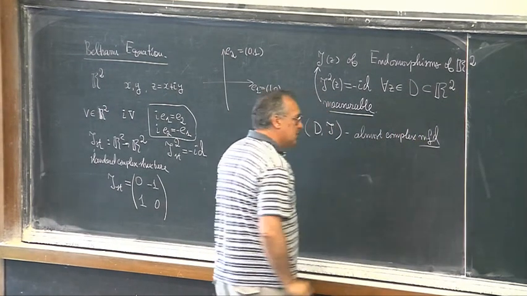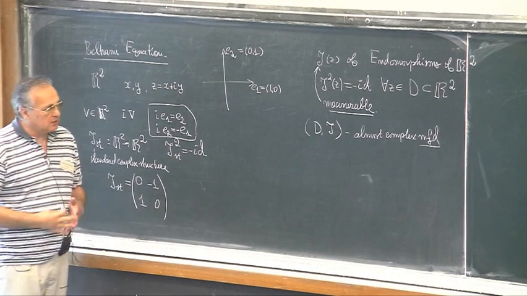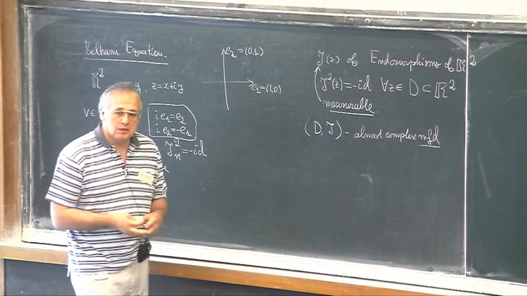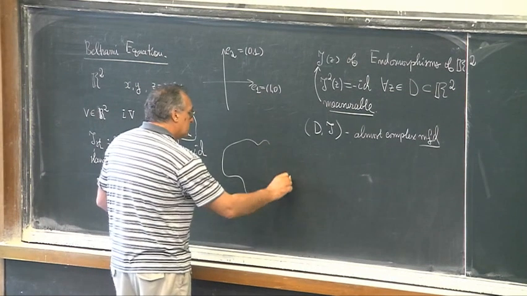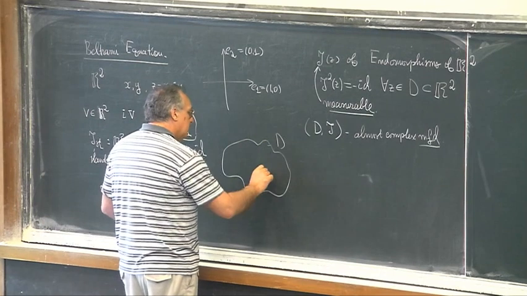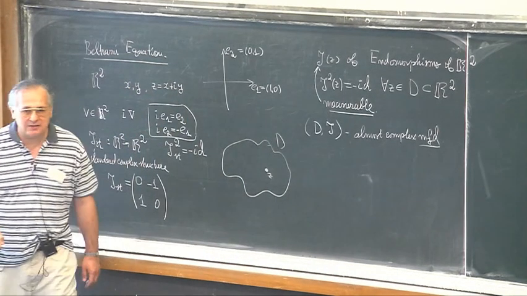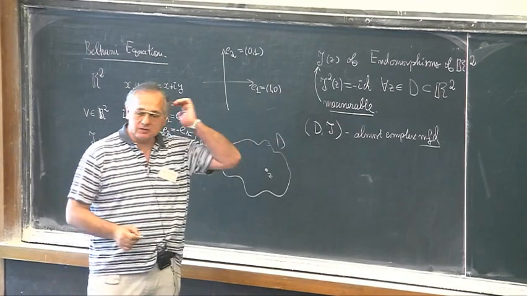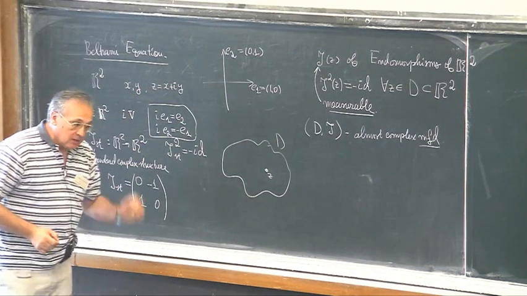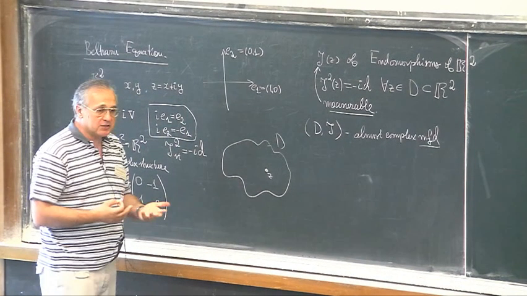This will be the principal object of our study in our lectures, but for the moment we consider a very simple example of a domain in R2, and at almost every point, because we suppose that this function is only measurable, we have a sort of multiplication by i.